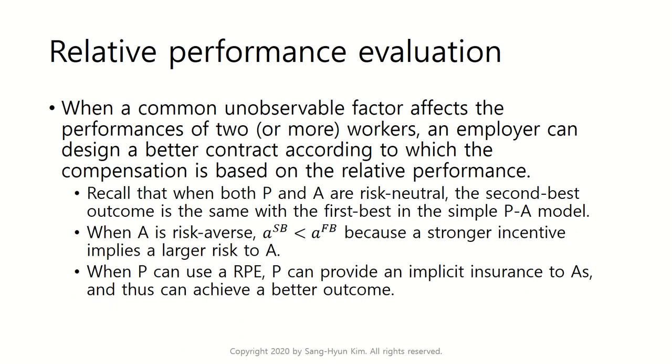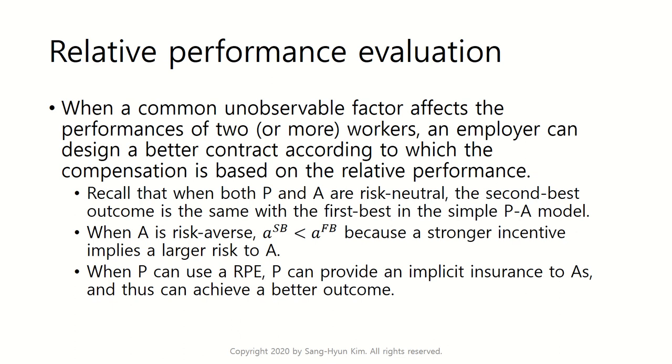So in the simple principal-agent model, there is the tension between insurance and incentives. So when the principal can use RPE, relative performance evaluation, the principal can provide an implicit insurance to the agents, the workers, and thus can achieve a better outcome.